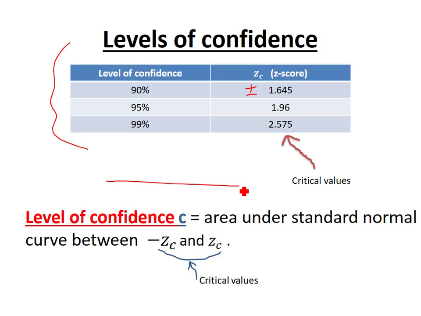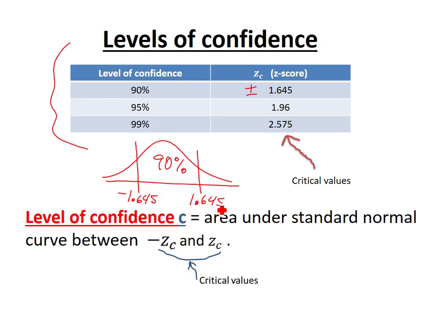So on our normal curve, if we want 90% of the data to be within a certain Z-score, if we want 90% in here, then we're going from negative 1.645 up to positive 1.645 on the Z-chart. That's all that's saying.